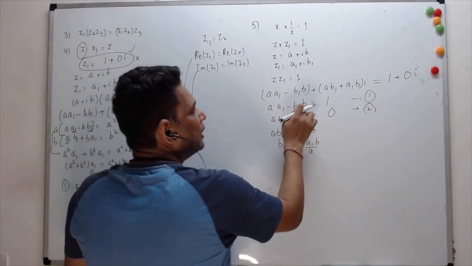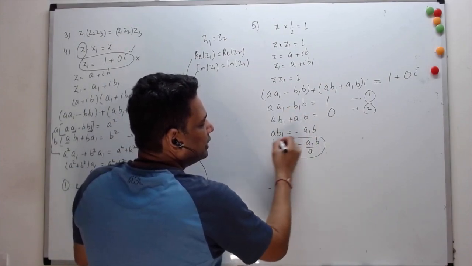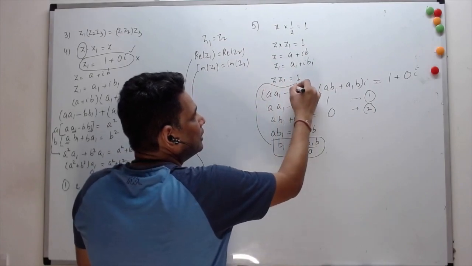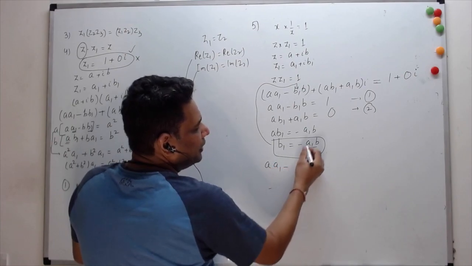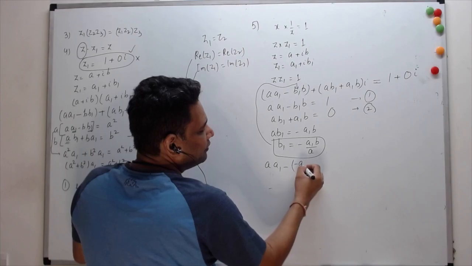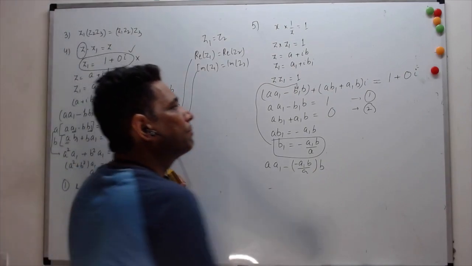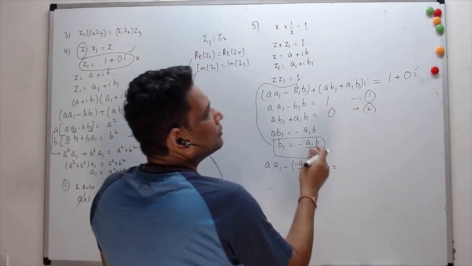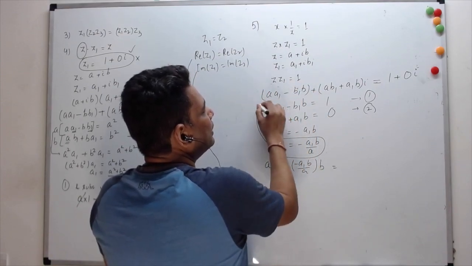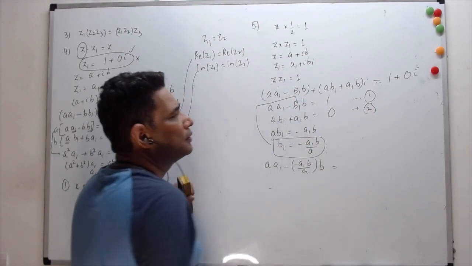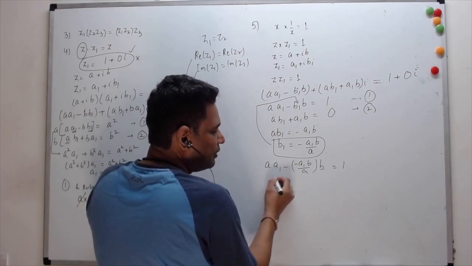And I can use this value and substitute over here, and this value can be substituted in here, and what I get is a times a1 minus, with this value, which is negative a1b over a, times b equals 1, and that gives me a value.